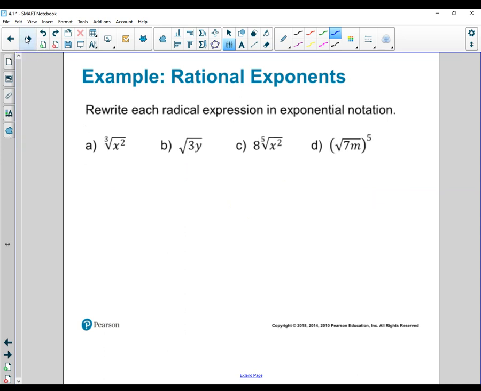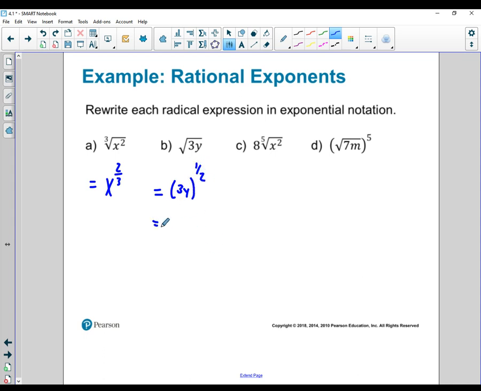And so for our other examples, now we're going the other way. We have to write them in exponential notation. So the cube root of x squared, we're going to do x and then to the power over the index, so to the 2 divided by 3. This one is going to be the whole thing, 3y to the 1/2.